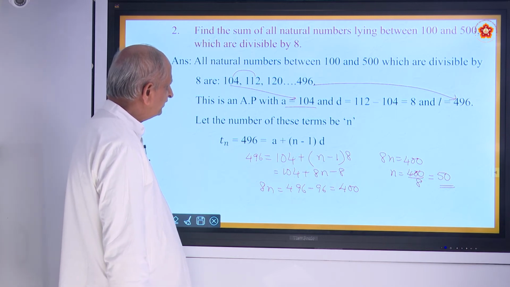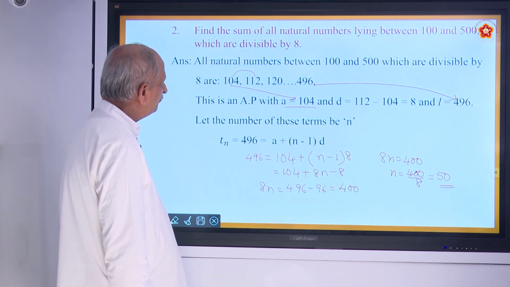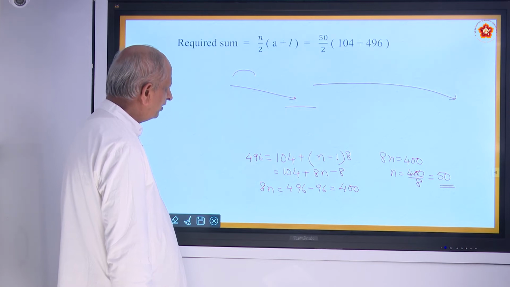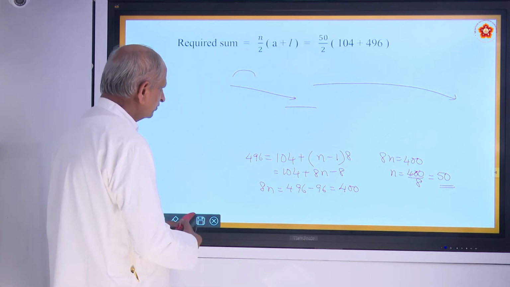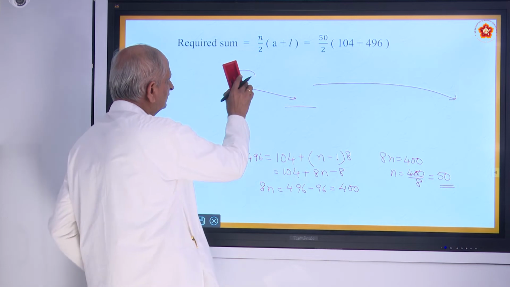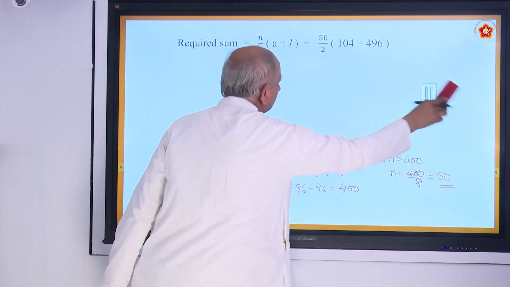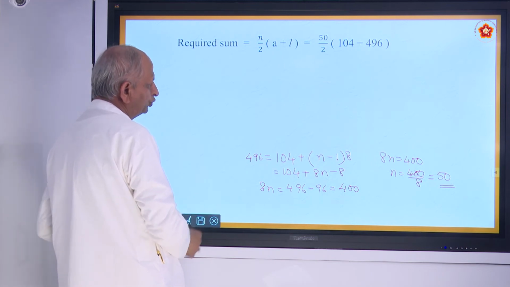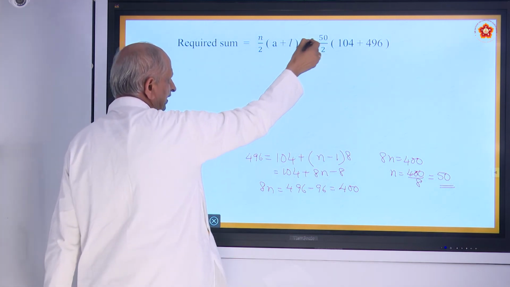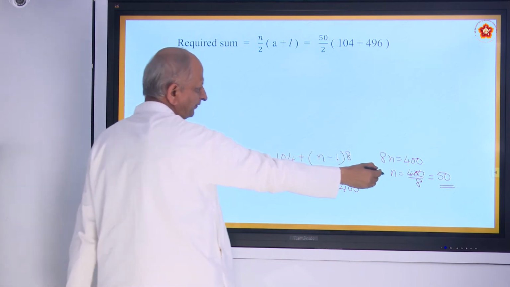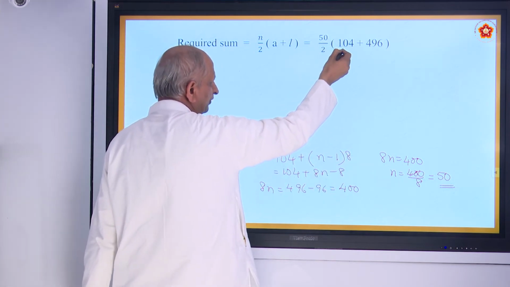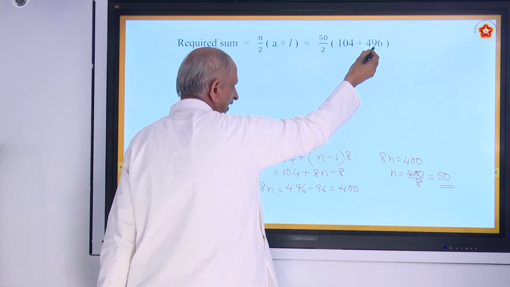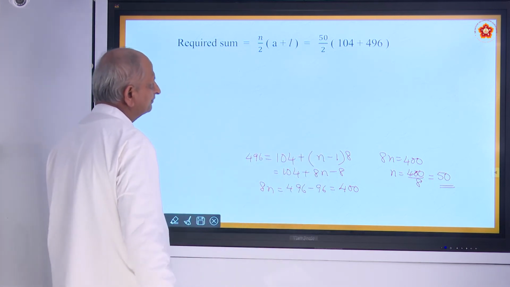Now, using this, you have to find the sum of all numbers. So, sum of all numbers means n by 2, n is 50 by 2, first number is 104, last number is 496.